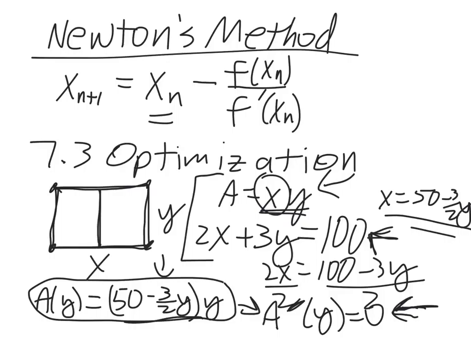And later on, we looked at some other types of optimization, like the volume. What's the largest volume of a box created by different situations? Or maybe it's find the minimum surface area to create a box, or maybe a right circular cylinder given a certain volume.